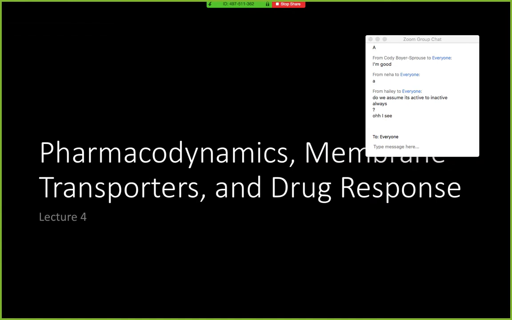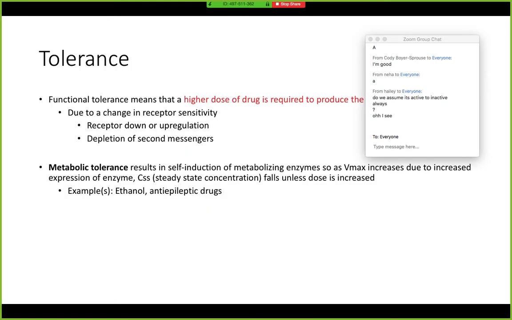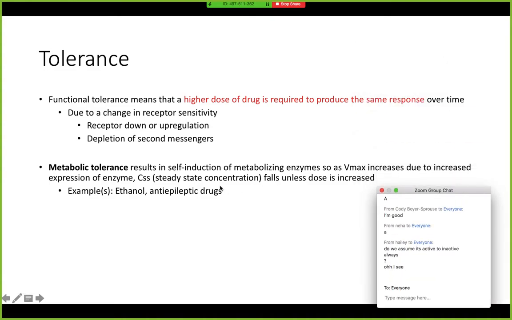Okay, lecture 4. Functional tolerance just refers to the fact that a higher dose of drug is required to produce the same response over time. And this is a result of a change in receptor sensitivity.